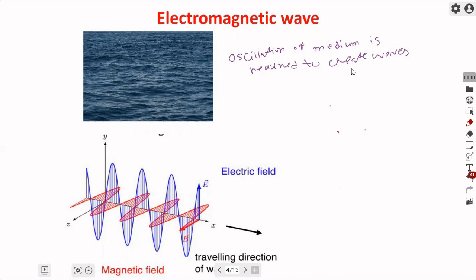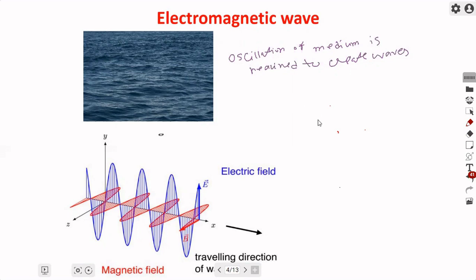Now the next question is, what is creating electromagnetic radiation? What is oscillating here? Actually, an oscillating electric field or an accelerated charged particle creates electromagnetic radiation. Why am I saying this?